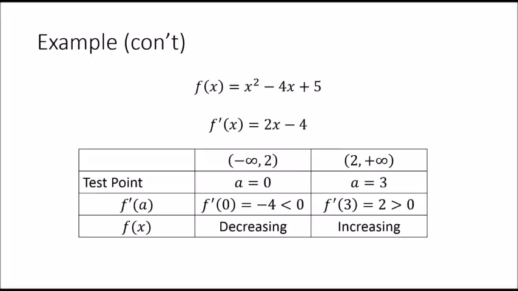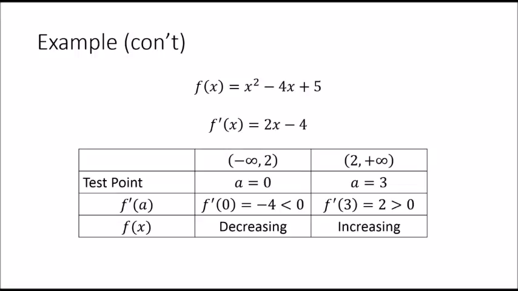I just pick the values that I think are going to be the easiest to calculate. So I check for the interval negative infinity to 2. I check x equals 0. The test point x equals 0, so I get negative 4. And I can conclude that because that's less than 0, the function must be decreasing on the interval negative infinity to 2. I then plug in the test point x equals 3 to test the interval 2 to positive infinity.